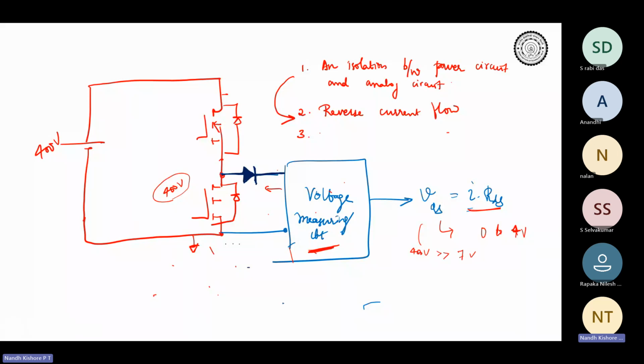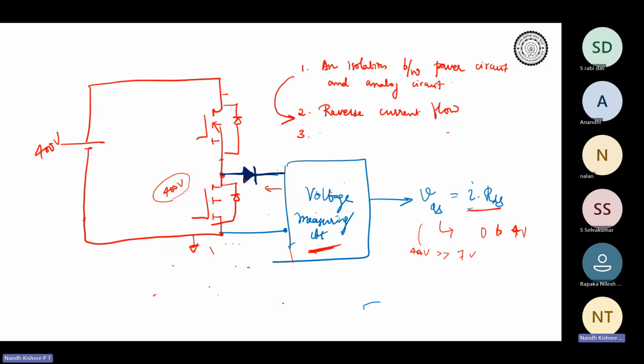If you set VDS at 7 volts maximum, and it sees 400 volts, then there can be a false triggering of the overcurrent protection mechanism. You don't want that to happen, right? This diode plays a huge role in that. Again, we are not going into these voltage measurement circuits, but you understand that this diode is for that.